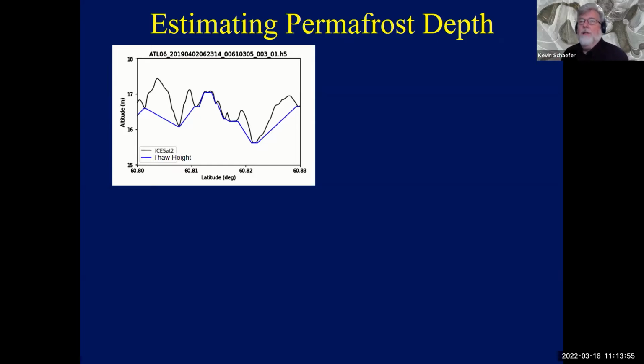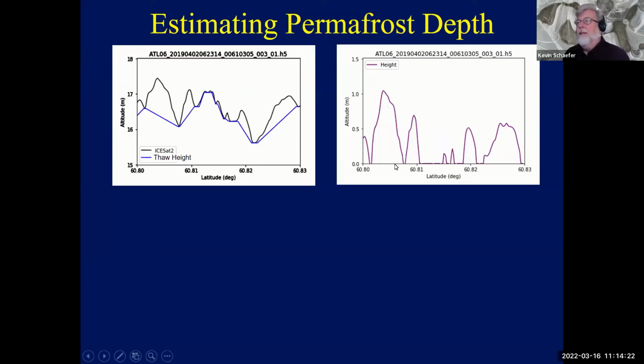Now, I wanted to point out that we still have some issues here. For example, right here around the top, it detected some local minimums, but is that really a thawed gully? Should it really connect these bigger lines here? A little vague here. There are some issues we're going to work on. But anyway, we take the blue line and we subtract it from the original heights, and we get this.